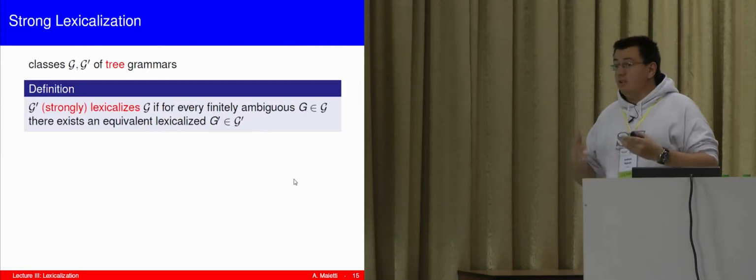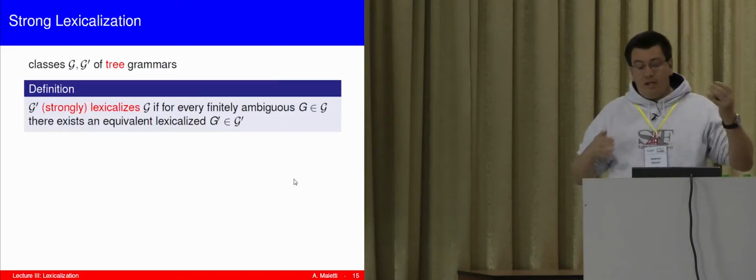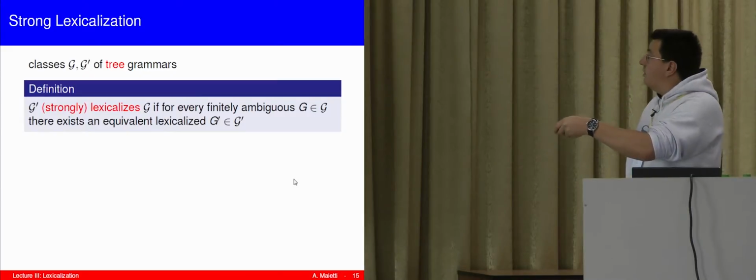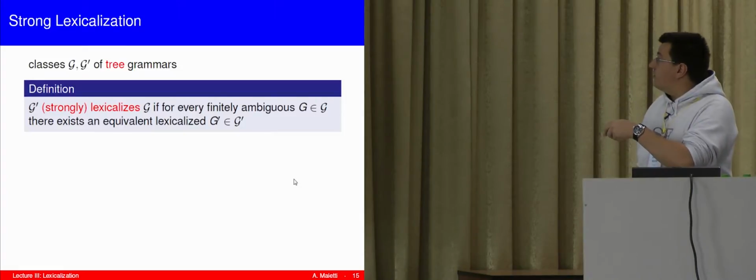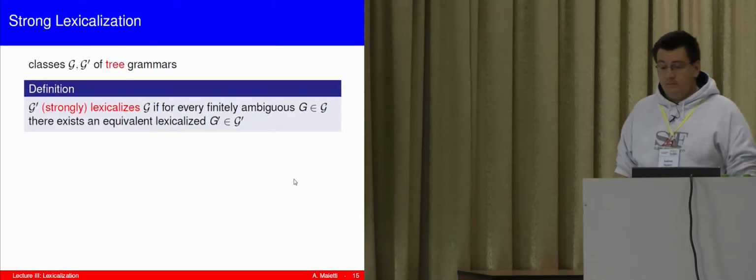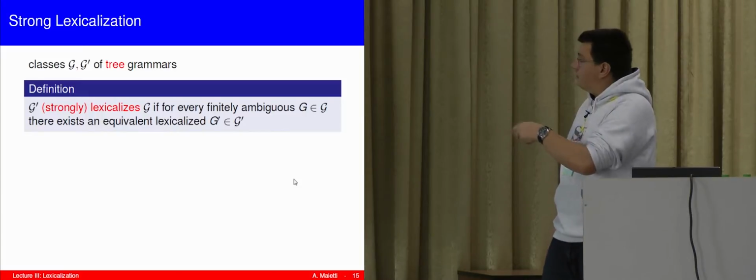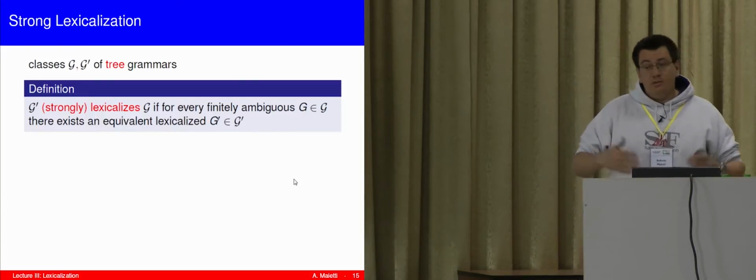Okay, so it's the same process, right? If you want to lexicalize, you have to find an element in this class which is a lexicalized version computing the same semantics as the one that you started off with. And to make this work, the original one has to be finitely ambiguous. Otherwise, you can't fulfill this.